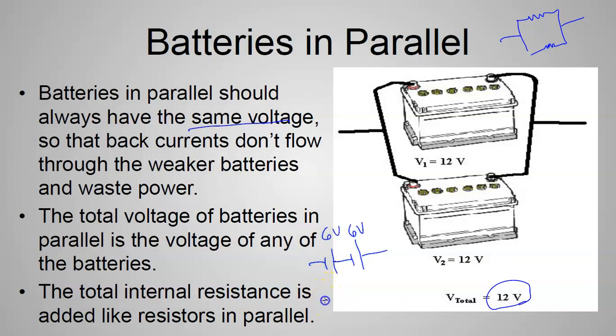But I need to run it longer than one golf cart battery would do, so I hook up a set of these in parallel. Okay, that gives me 12 volts. This gives me 12 volts. And when I put those together, I've got 12 volts, but I can use it twice as long.